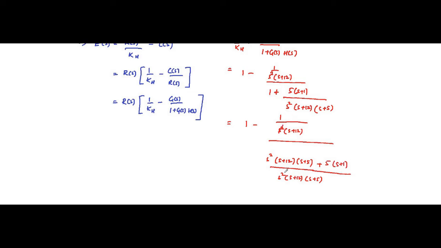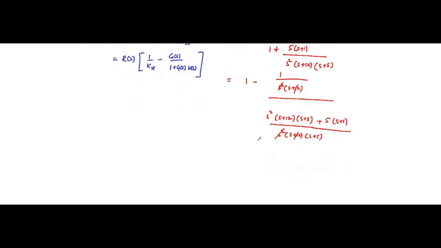Here s square will get cancelled, (s plus 12) will get cancelled, and this (s plus 5) will go into the numerator. So again it will become 1 minus (s plus 5) by [s square into (s plus 12) into (s plus 5) plus 5 into (s plus 1)].